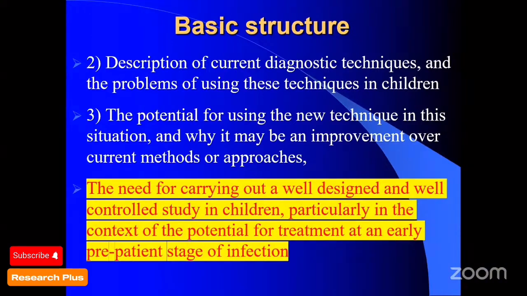Then I mentioned that in lab-based studies, they might also describe what they did as far as they need to carry out a well-designed, well-controlled study in children, particularly in the context of their potential for early detection of malaria.